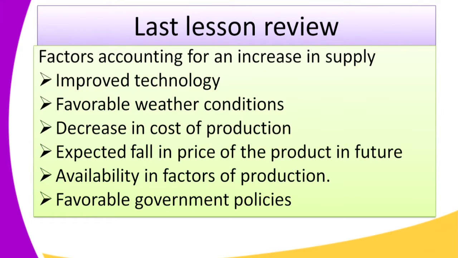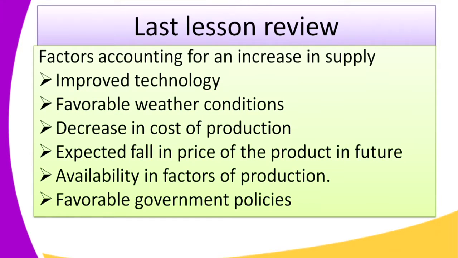For the products that depend on weather so much, if the weather is favoring the growth of some products, their supply increases. Even on other goods, bad weather like flooding can affect the supply because there can be so much rain and therefore the roads become impassable.